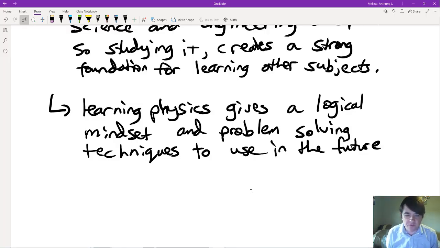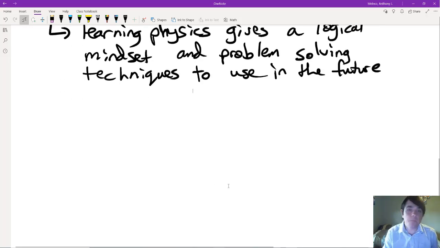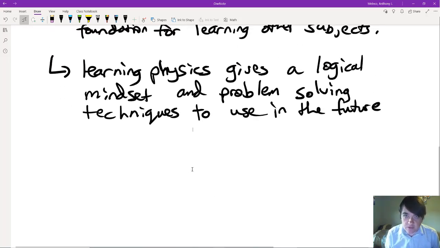The answer to the problem doesn't really matter in a sense. Obviously, it's how I grade the course. But in a sense, that's not what is important. What's important is the problem-solving technique that you develop, looking at different systems, and the logical mindset that you yourself will develop, okay?